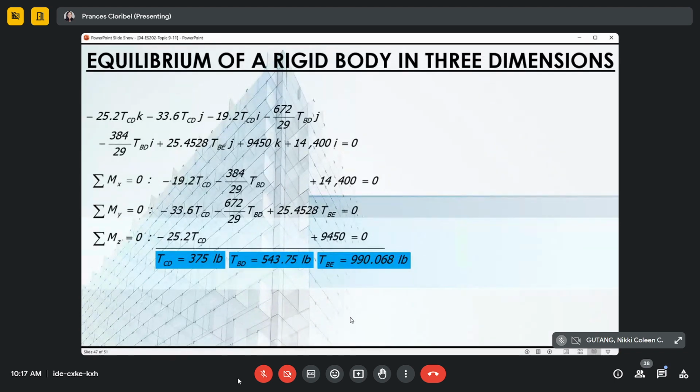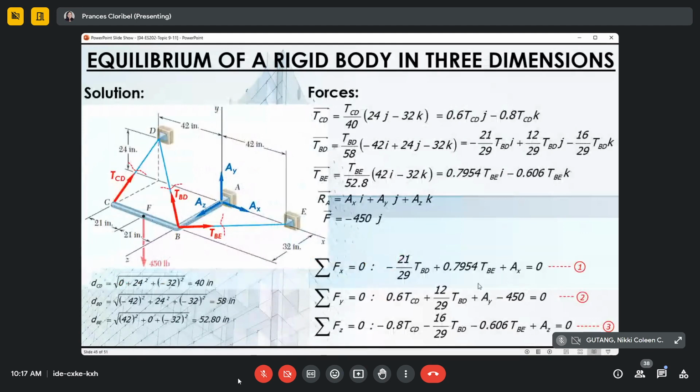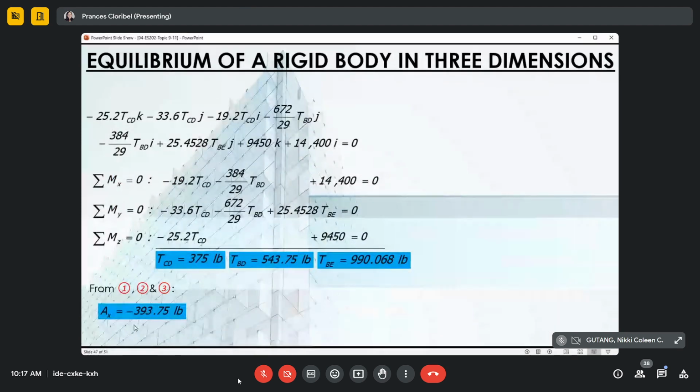Once we have tension CD, BD, and BE, from equations 1, 2, and 3, if we have tension BD and BE, we can solve for AX. With tension CD and BD, we can solve for AY. With tension CD, BD, and BE, we can solve for AZ. So AX, AY, and AZ are equal to these values.